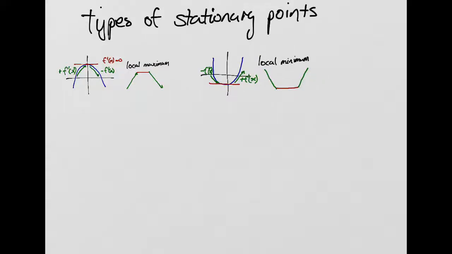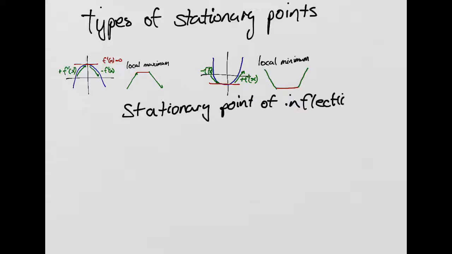The third type of stationary point is called a stationary point of inflection. Now this occurs at a turning point on the graph. So like on an x cubed, you've got a flat bit before it continues going up.